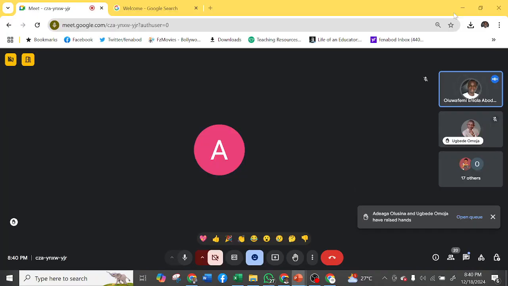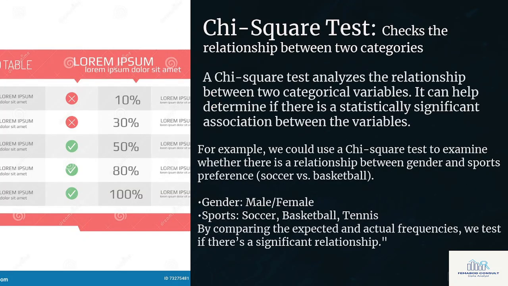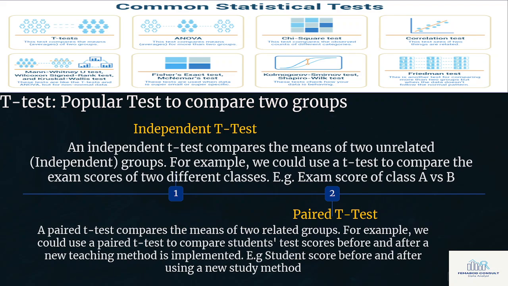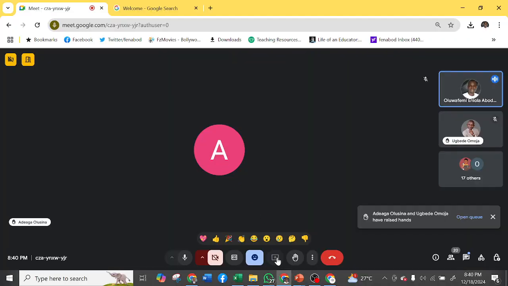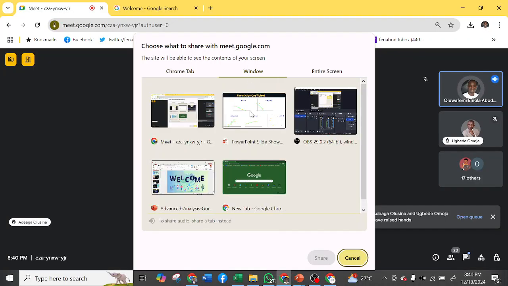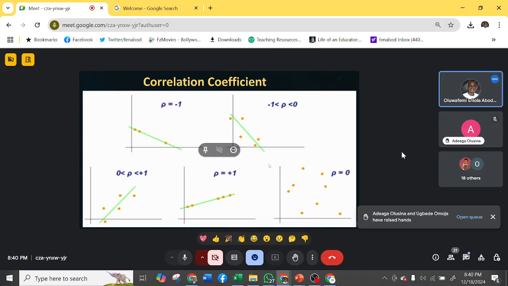Okay, good. It was hanging before. So let me go back quickly now. Once I share now, please kindly indicate if you can see my screen. Please, can you see now?